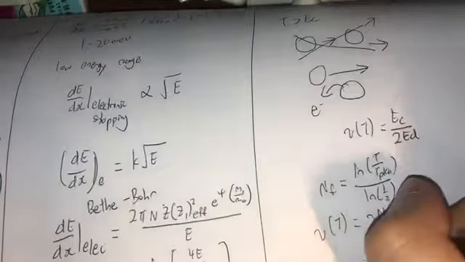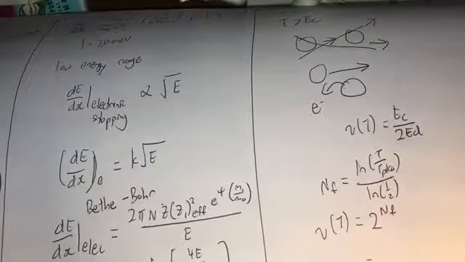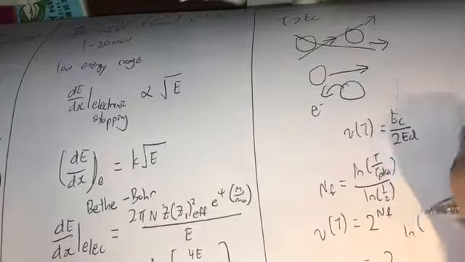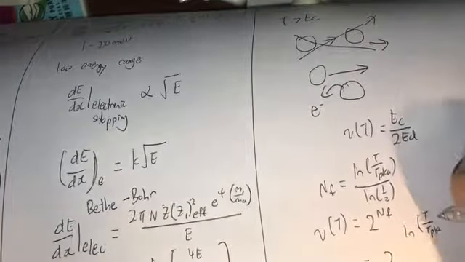So how are we going to do that? 2 to the power of ln T over T of PKA.